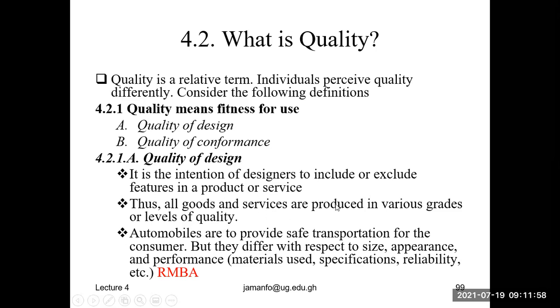That's all. Goods and services are produced in various grades or levels of quality. So automobiles are to provide safe transportation for the consumer, but they differ with respect to size. They differ with respect to appearances. Look at these recent Korean cars which have flooded our road networks. The Maltese something. What's the name?